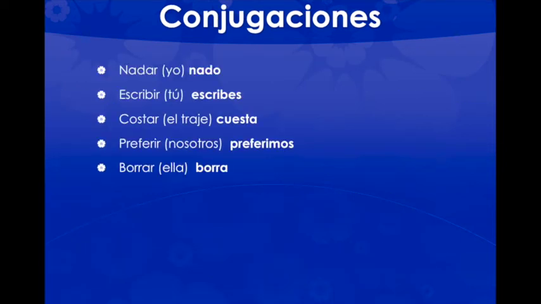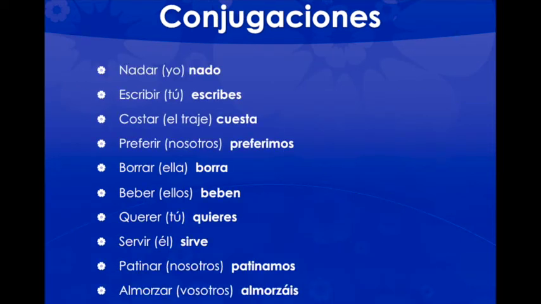So if we just looked at some conjugations here of all the verbs, because remember, these are all present tense verbs, and sometimes they are irregular and sometimes they're not. So yo nado is not irregular. Tú escribes. El traje cuesta, the suit costs. Nosotros preferimos, we prefer.